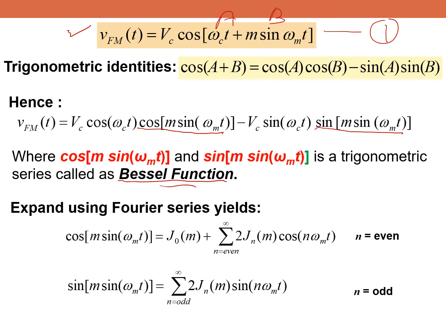And then next we will expand this equation into the Fourier series. Here is the equation for cos(m sin omega_m t) and here is the equation for sin(m sin omega_m t), for even and odd.